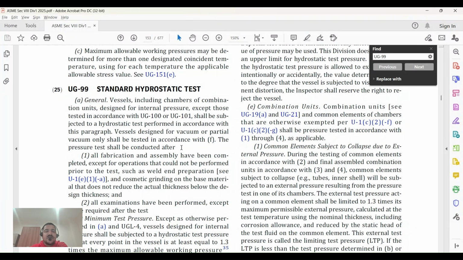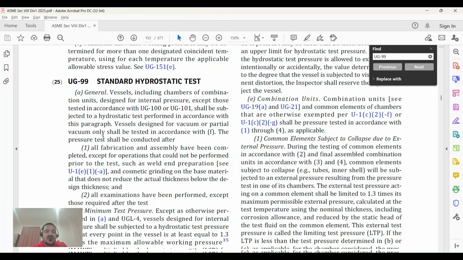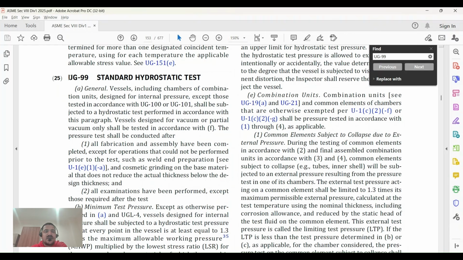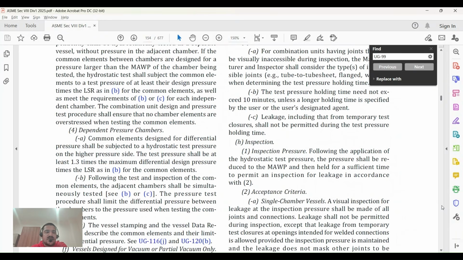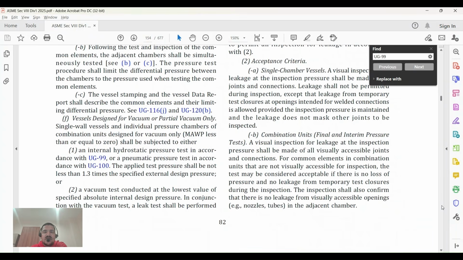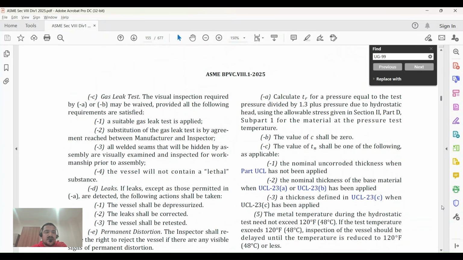Here, UG 99 has multiple sub clauses. Within UG 99 there is sub clause A, B, C, D, E, F, G, and I believe H and I. We are going to see later how many total sub clauses are available.